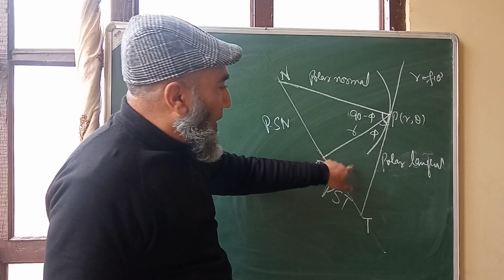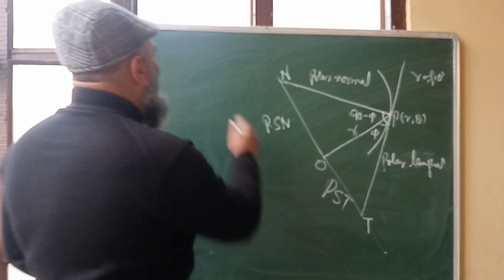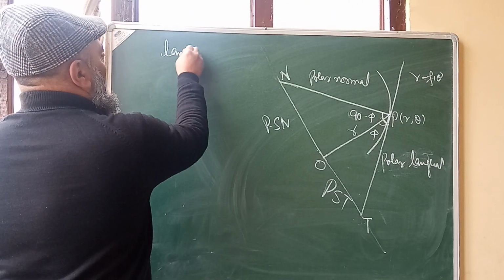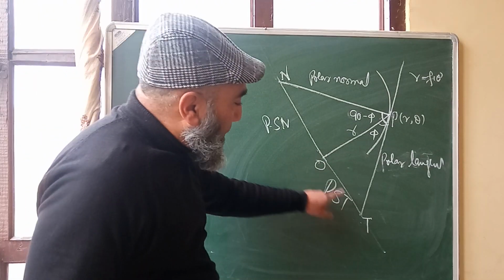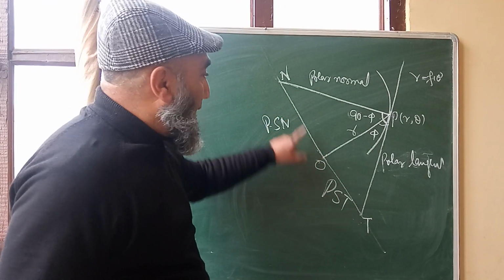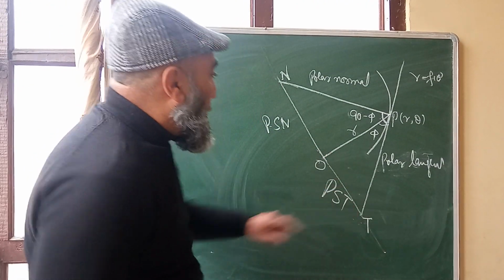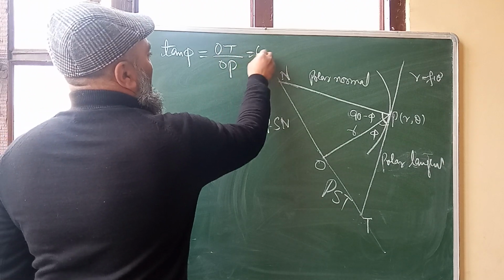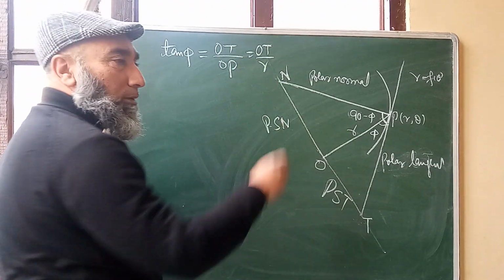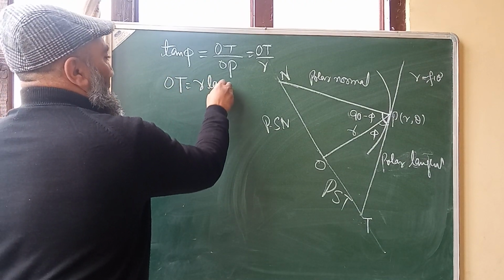Now let me take up this triangle, where the angle is phi. What about tan phi? Perpendicular by base. So OT by OP, so OT by r, since OP is r. So OT is r tan phi.